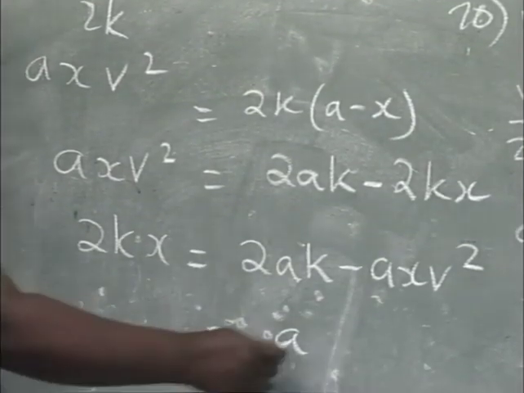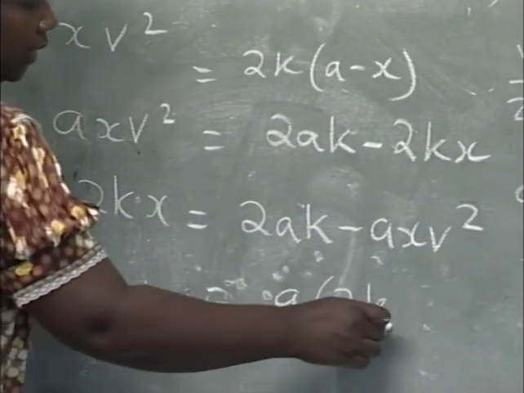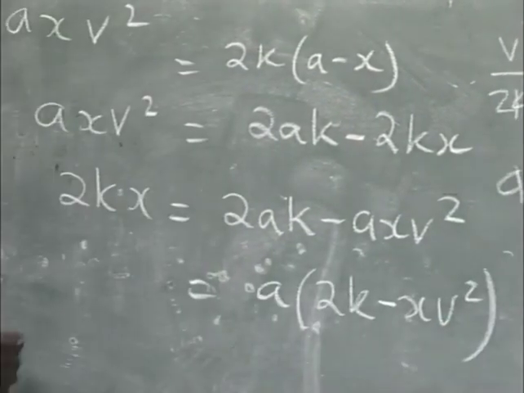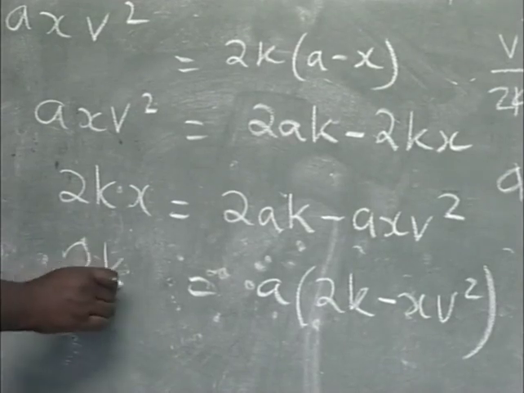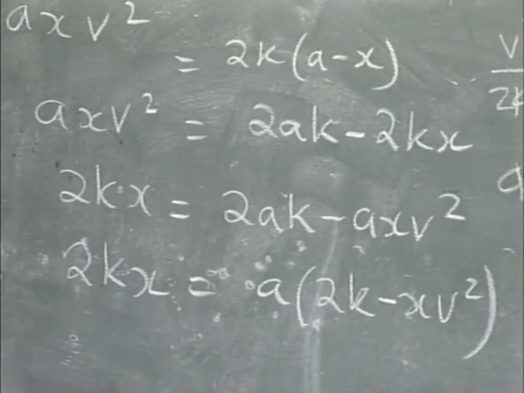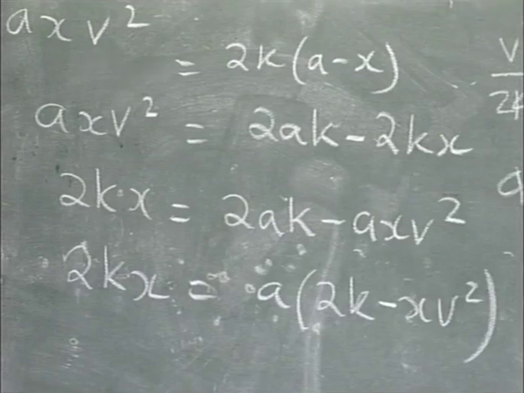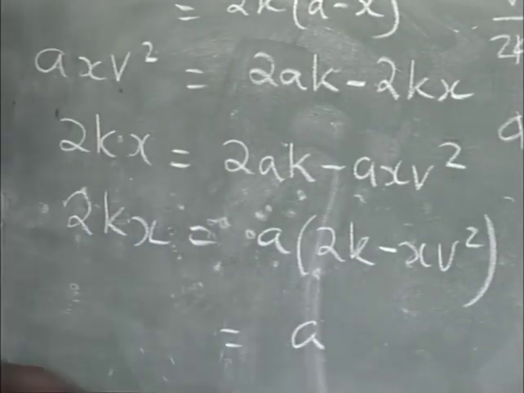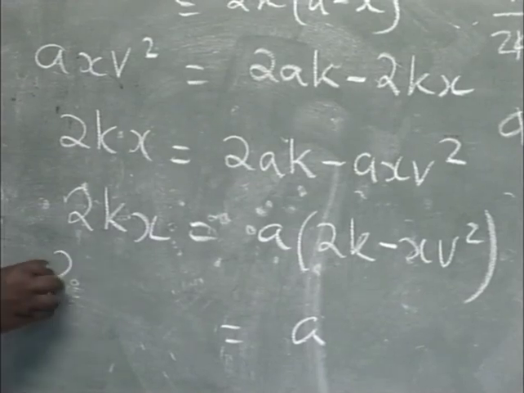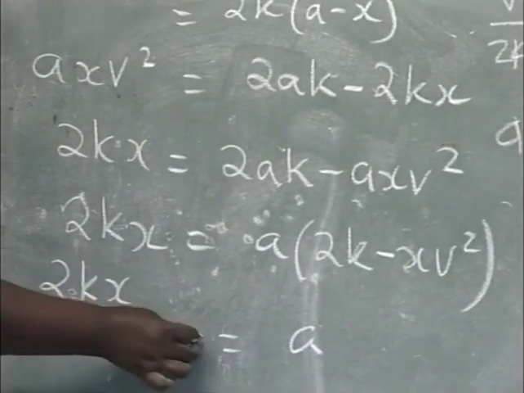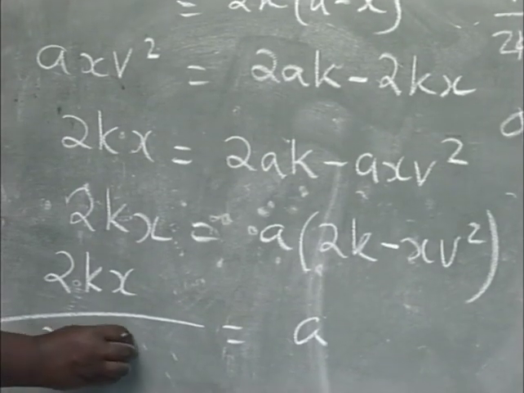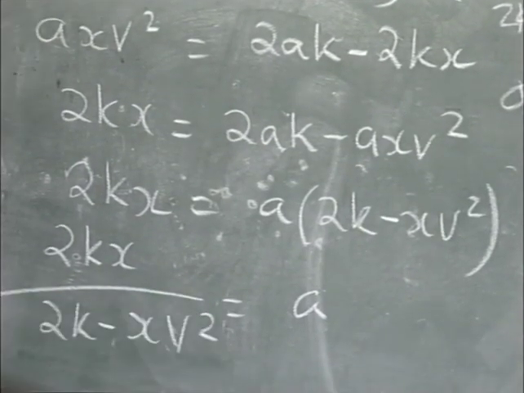So I'll get a times 2k minus x v squared equals 2kx. And then I divide by 2k minus x v squared to get a on one side. So a is equal to 2kx all over 2k minus x v squared. Did I make any mistake?